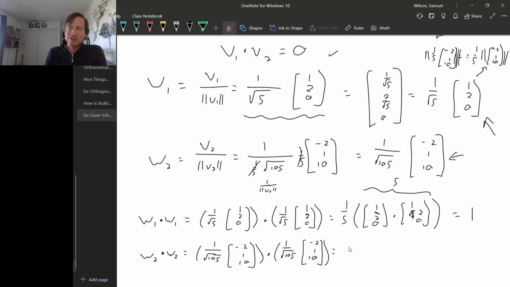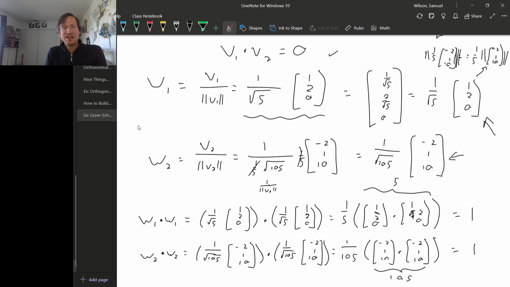Again, we can pull these square roots out to the front, and that gives us a 1 over 105 times the dot product of minus 2, 1, 10 with itself. And of course, that dot product is 105. So again, we just get 1. Good, so both of these w's have unit length.